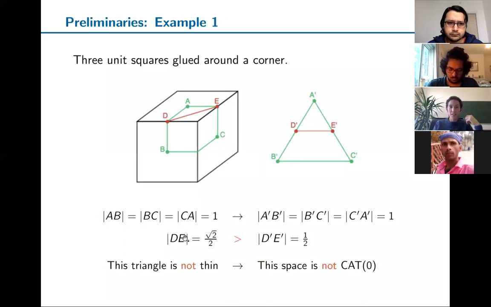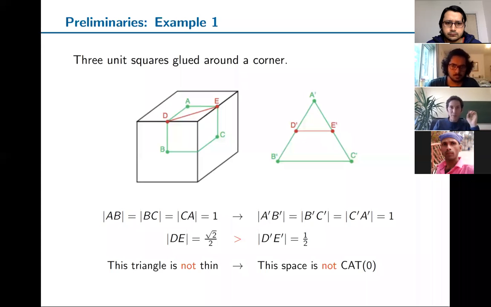So in this case, you get that the distance between D and E is bigger than the distance between D prime and E prime, the corresponding points in the triangle in the plane. And therefore, your triangle is fat. And in fact, you see that this triangle is kind of fat. So your triangle is fat, so this space is not CAT(0).